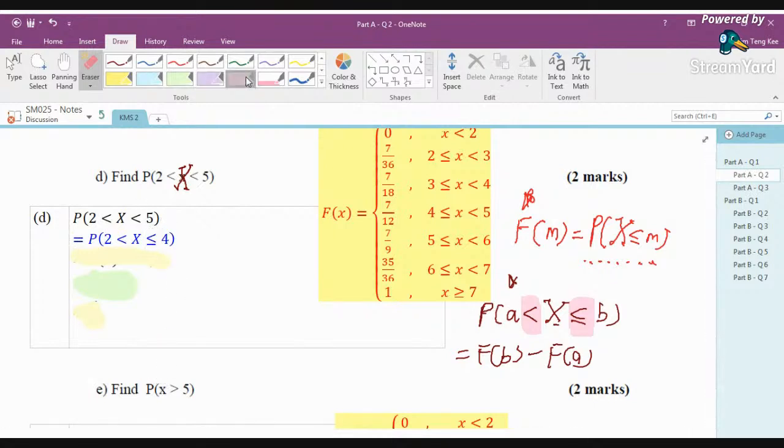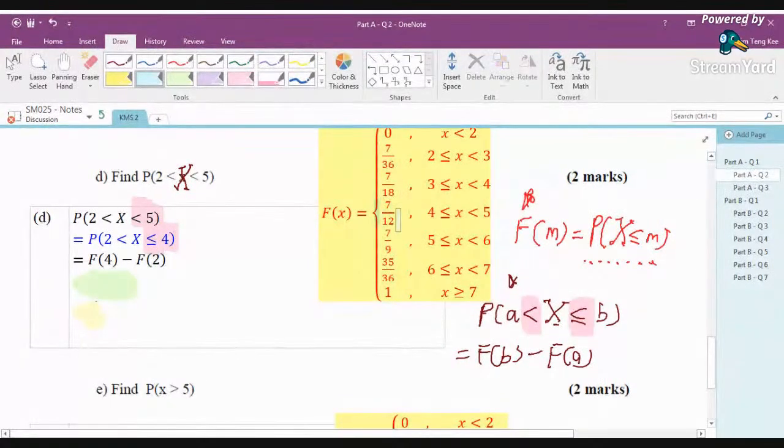Where behind here, I want to adjust to less than or equal. So less than 5 becomes less than or equal to 4. And therefore, using the formula, I will have F(4) minus F(2). Where is F(4) referring to?